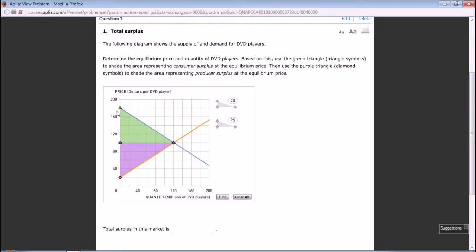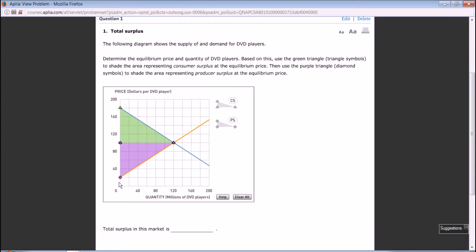So the area of this green triangle is 80 multiplied by 120 divided by 2. That's 4800.